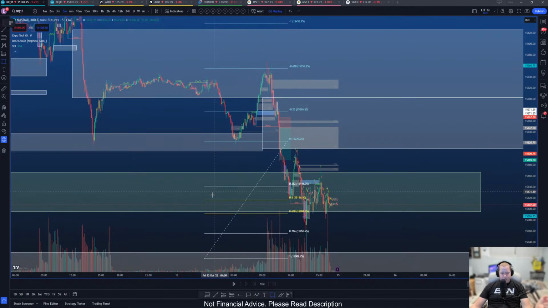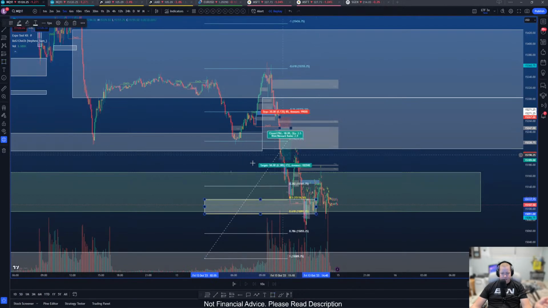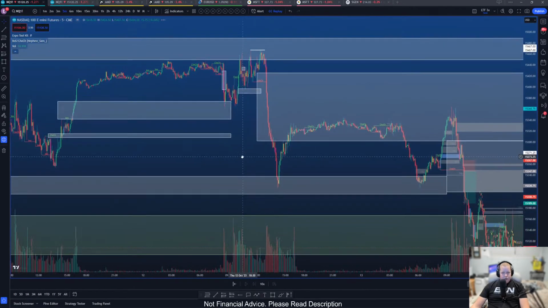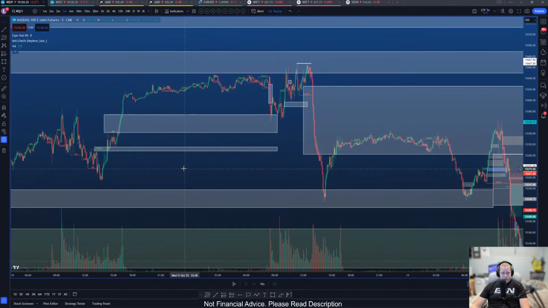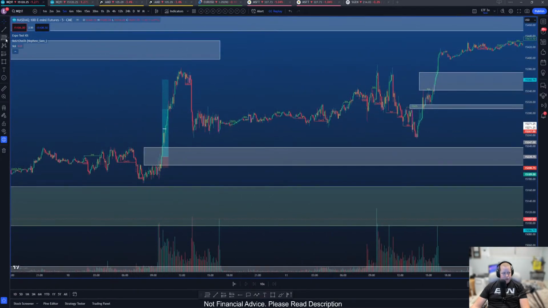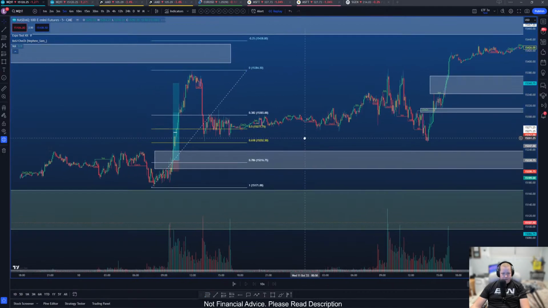If you draw this little rectangle right here, then just wait for price to move. Again, I didn't draw this on anything. Let me do that just to avoid confusion. Usually I can spot these pretty easily. So let's say you go from the start of the move to the end of the move.